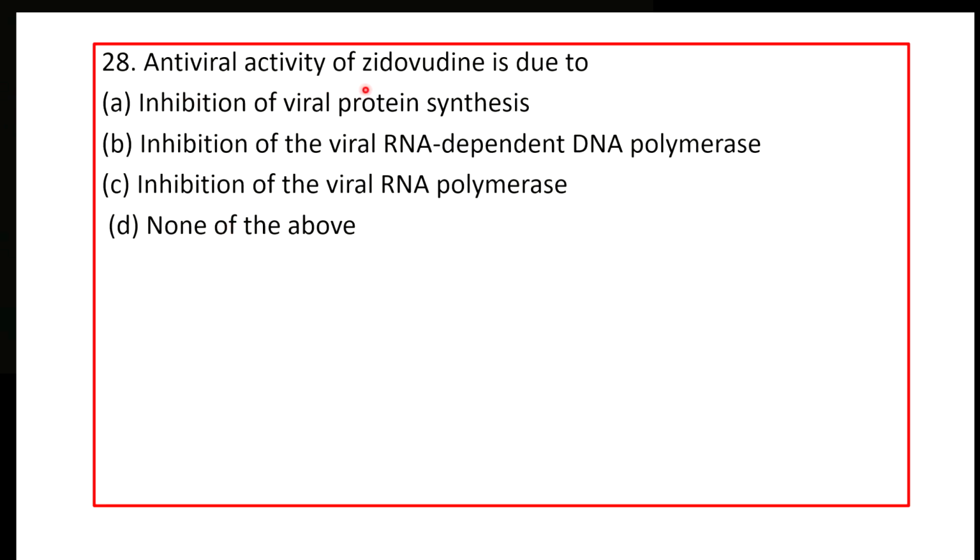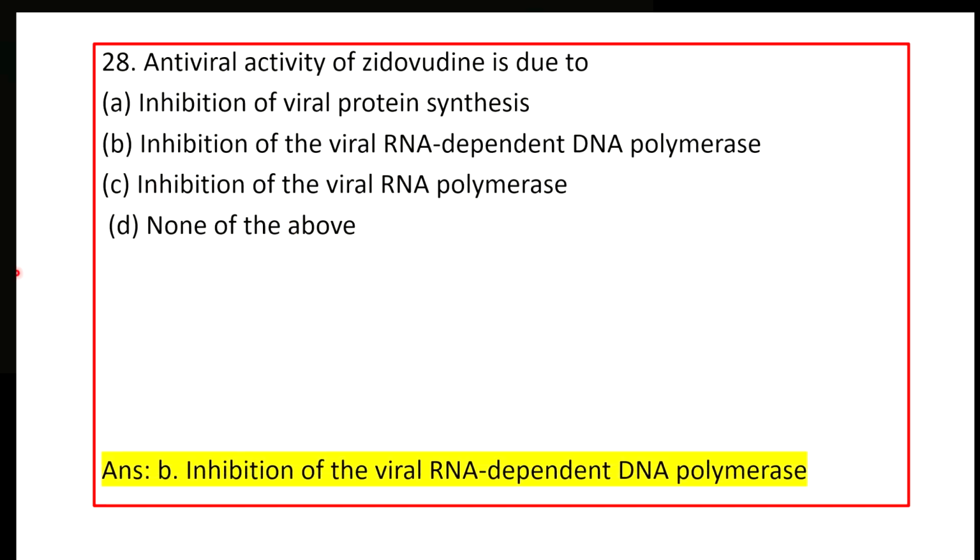Then, antiviral activity of zidovudine is due to. Like I said, antiviral drugs are very important. You have to read thoroughly the topic of antiviral drugs, which comes under chemotherapy. So I am asking you the mechanism of action of zidovudine. There are four options: inhibition of viral protein synthesis, inhibition of the viral RNA dependent DNA polymerase, inhibition of the viral RNA polymerase, and none of the above.